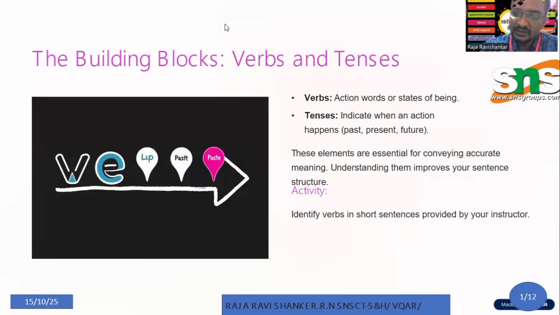Was is for singular. Were is for plural. Is for singular. Am is for singular. Are is for plural. So how subjectively we make this happen can always be determined in all these things.